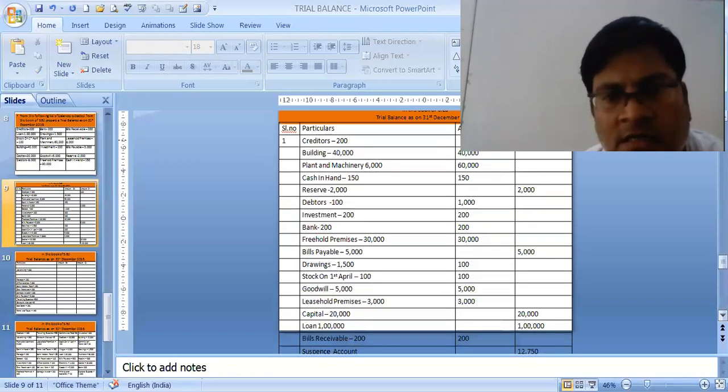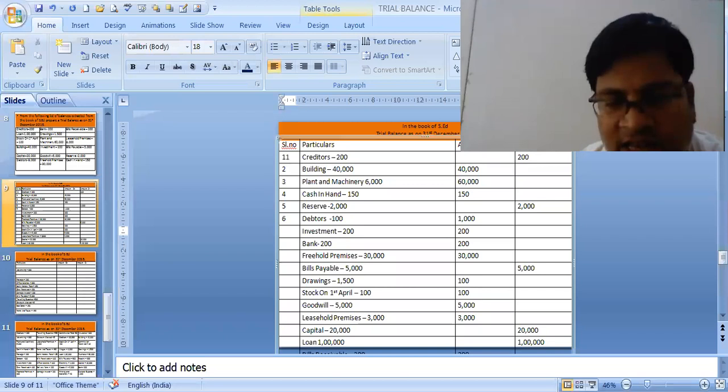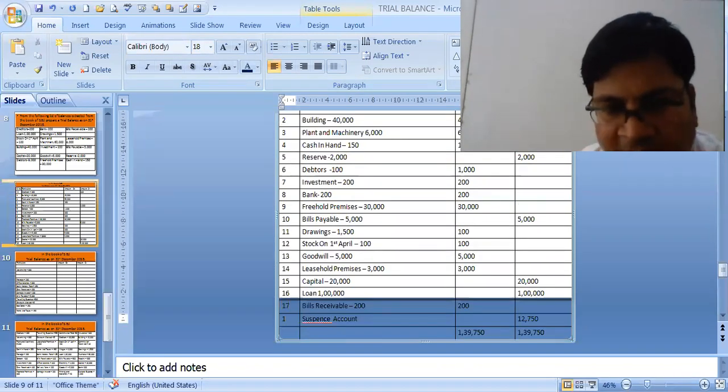Serial numbers you can write over here. Serial number 1, then 2, then 3, then 4, then 5, then 6, 7, 8, 9, 10, 11, 12 items, 13th account, 14th account, 15th, 16th, 17th, 18th.